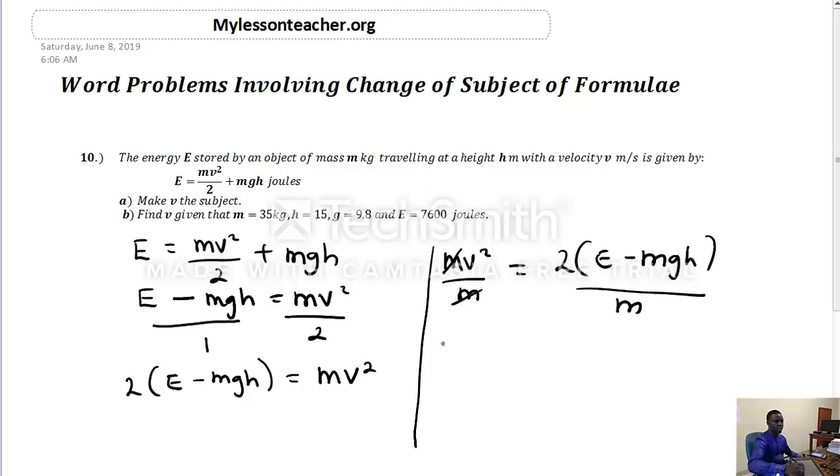M is going to cancel m, leaving us with v squared is equal to 2 into bracket E minus mgh all divided by m.